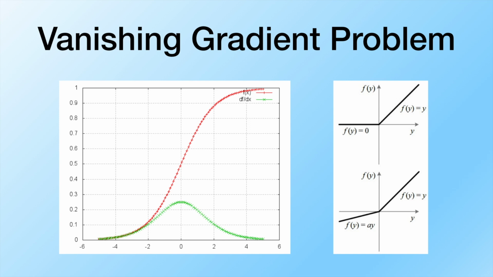And on the right here, we can see two different examples. The top function is the ReLU, or the rectified linear unit. That is one solution to the vanishing gradient problem, but it isn't perfect. With this one, you either have a derivative of 0 or 1, depending on what the activation function's value is. So if the activation function is negative, then your derivative is just 0.